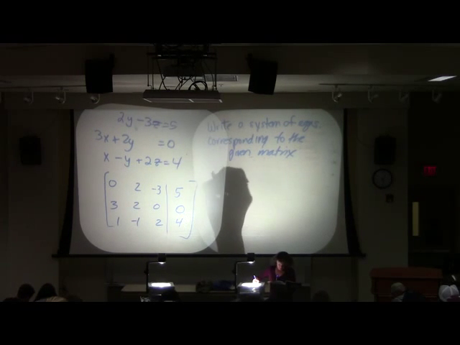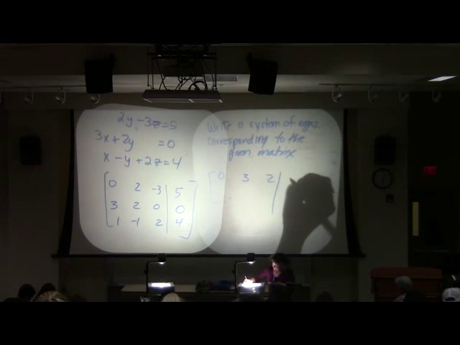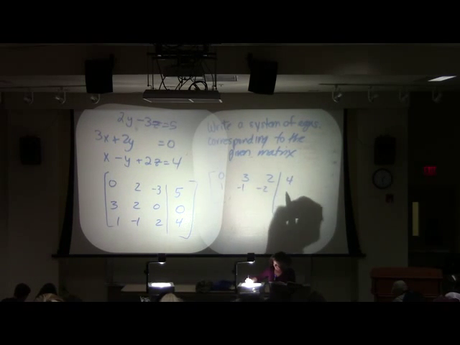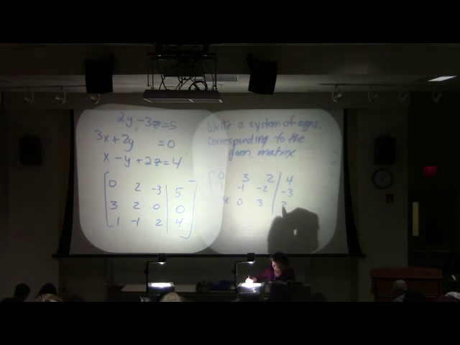And suppose I have this. 0, 3, 2, 4, 1, negative 1, negative 2, negative 3, and 4, 0, 3, 2.